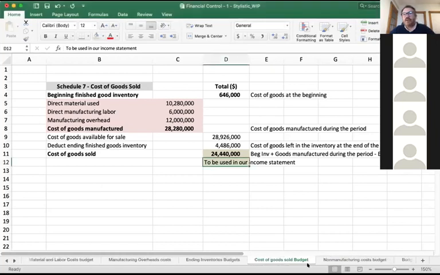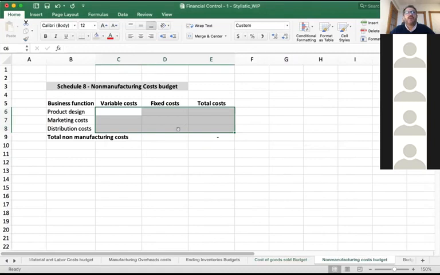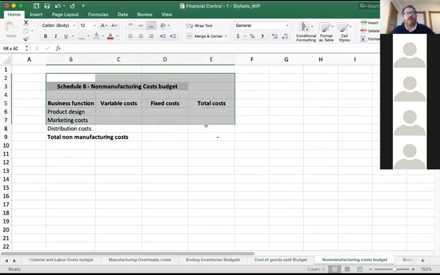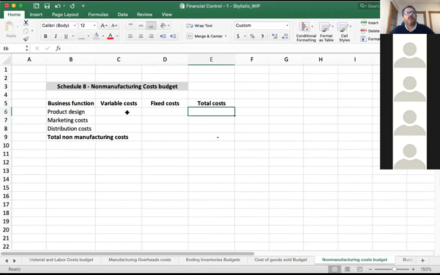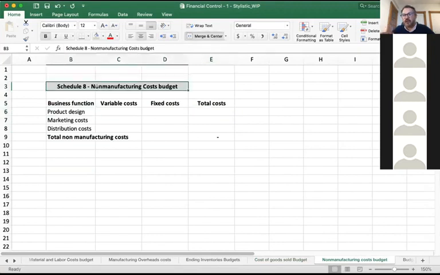So let's move to the non-manufacturing cost budget. For this one, you can see it's not very complicated. We need to calculate the total cost for non-manufacturing. So we are not in the production cost, we are in design, marketing, and distribution. We are talking about the costs which are not costs of manufacturing the product, but still we have to pay them, like the design of the product, the marketing and distribution.